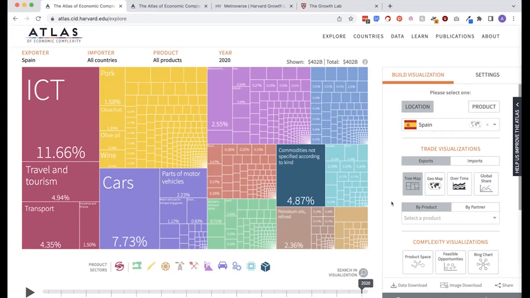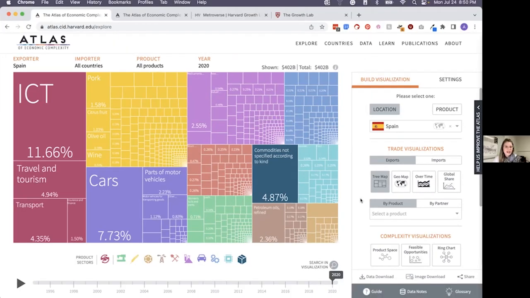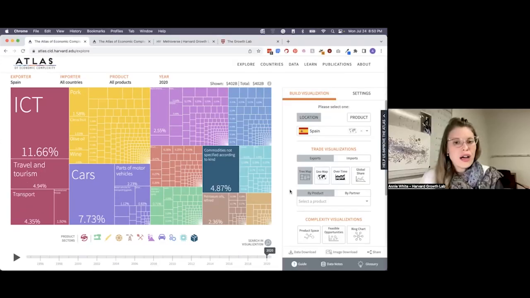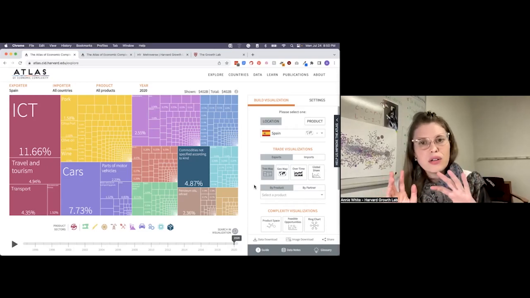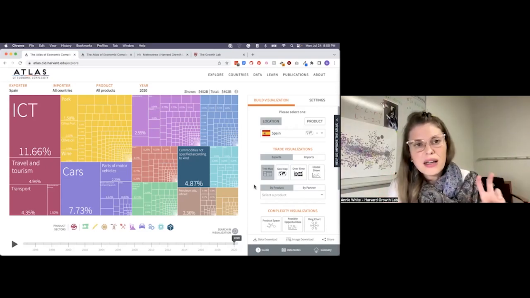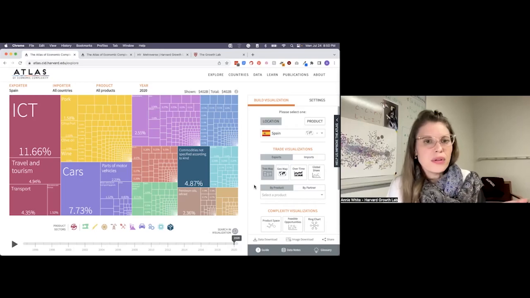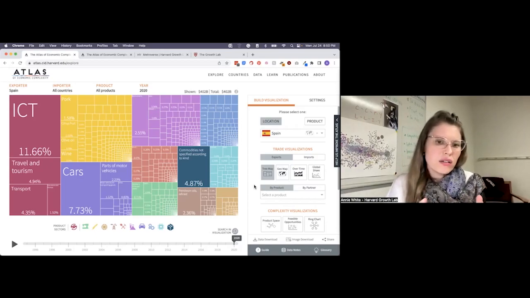So the first thing to clarify is it's UN Comtrade data, and countries report their customs data to UN Comtrade. That reporting process is completely independent from us, but Comtrade makes that data available as a resource. We put it through a cleaning process here. That's why it looks ever so slightly different than Comtrade raw data.